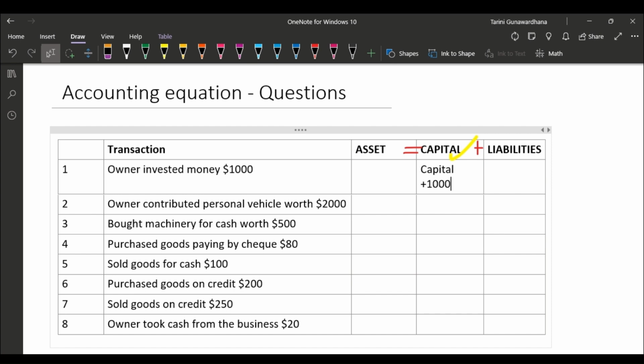When the owner invests cash, that also adds up to the assets. So here we say cash plus 1,000. Question 1 is done.